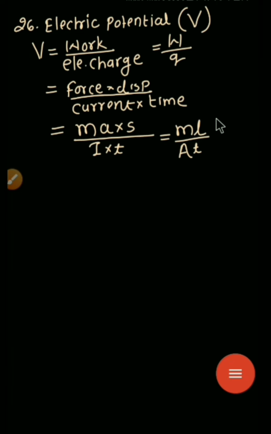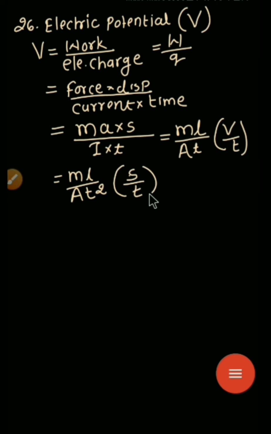All are fundamental quantities. Acceleration can be written as velocity upon time. So here we have mass, length upon A t. This t is again fundamental, so this will become t square. Velocity we can again write as displacement upon time. Displacement again can be expressed in terms of length.